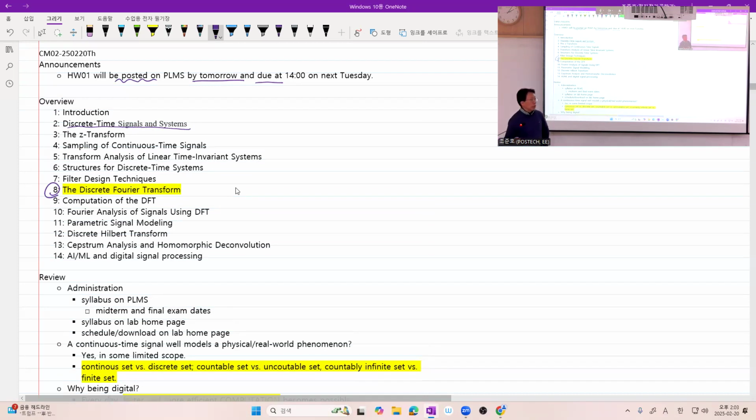I hope after this semester, you will have no fear about using the discrete Fourier transform to do a lot of things, like approximating the continuous time Fourier transform, approximating the discrete time Fourier transform, and doing other signal processing.